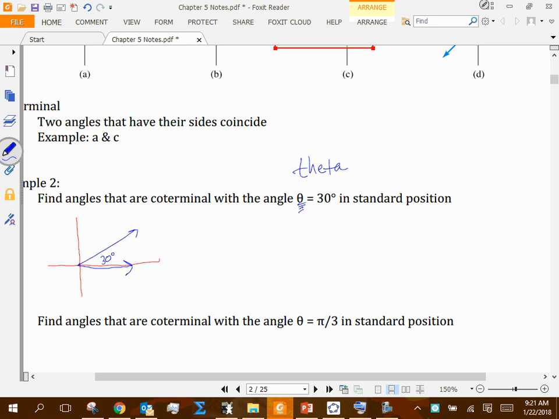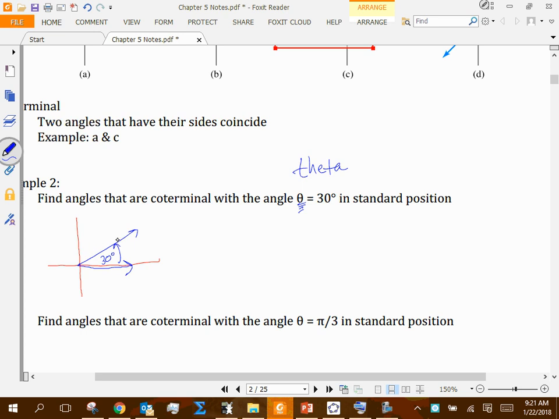But like in algebra, we can use x, y, z, any letter we want to, right? So we can use theta. We'll see gamma here. I think later on we see omega in this section. So we'll see other Greek letters, but they just stand in for variables that usually represent angles. So that's what we're saying here, that this theta right there is 30 degrees.